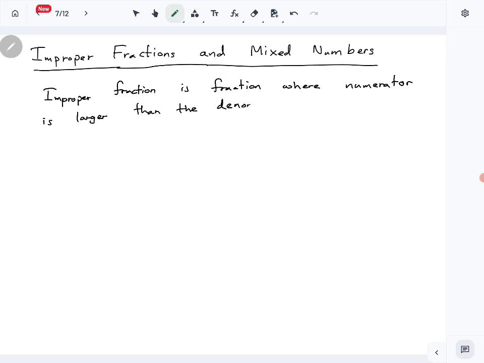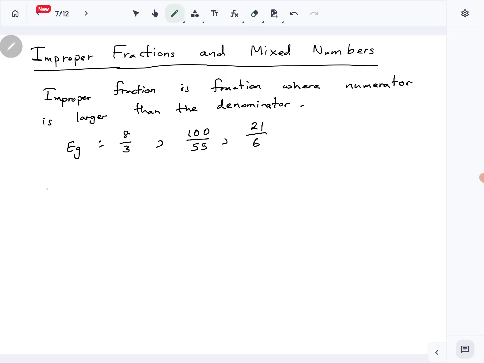So any fraction where the numerator value is larger than the denominator value is called an improper fraction. So for example, 8 over 3, 100 over 55, something like that. Another one, 21 over 6. So those are improper fractions, right?